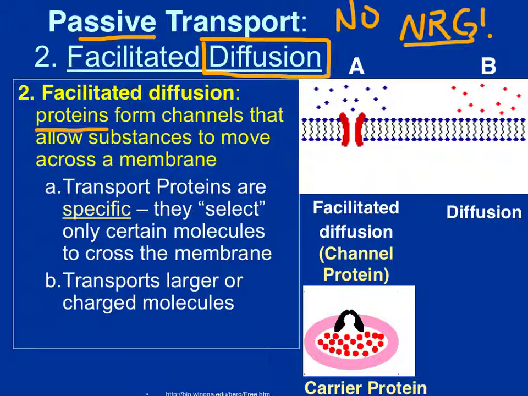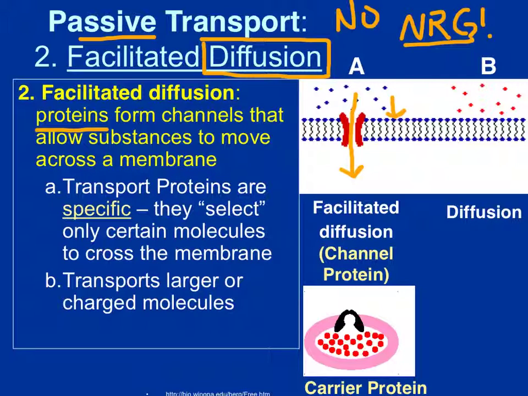What they actually do is form specific channels through which molecules can fit. Sometimes certain molecules have to go through the channels because they can't fit directly through those little lipid molecules. So a lot of times they're specific and have to fit through those channels.